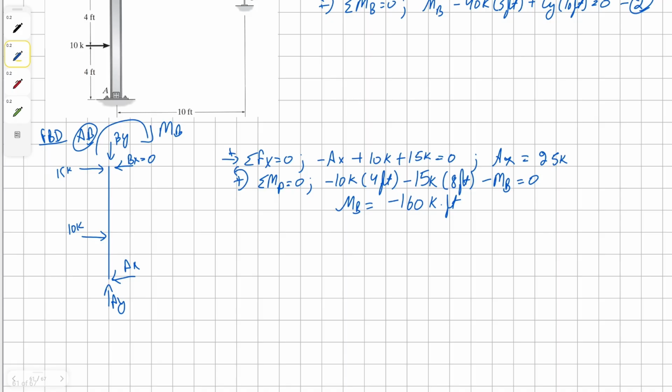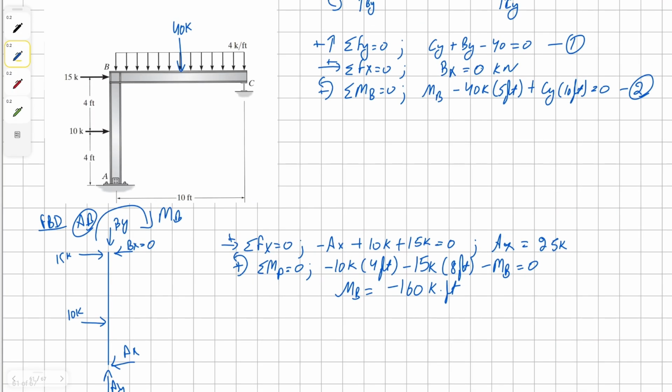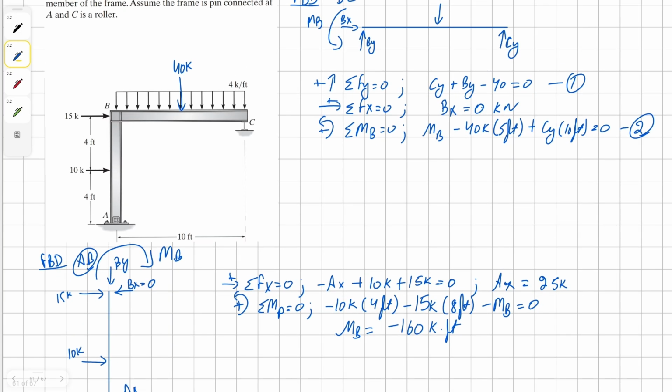Okay, and now we can sum the forces in the y direction, but we won't have any solution just yet because we have to go back to our BC section to find a solution for By and Cy. But looks like we won't have any solution here either, or we can. Let's do that.